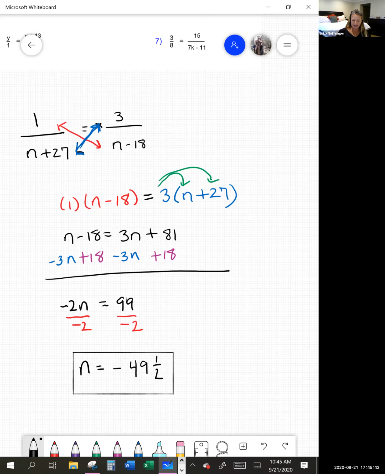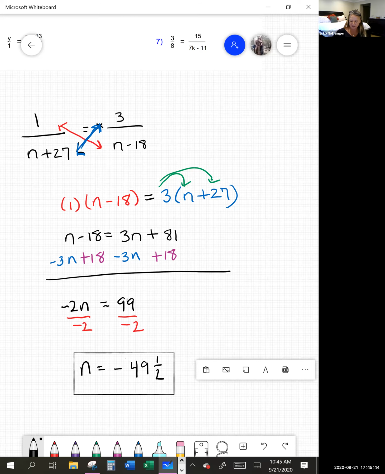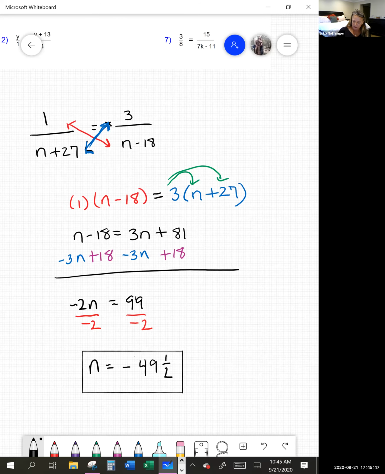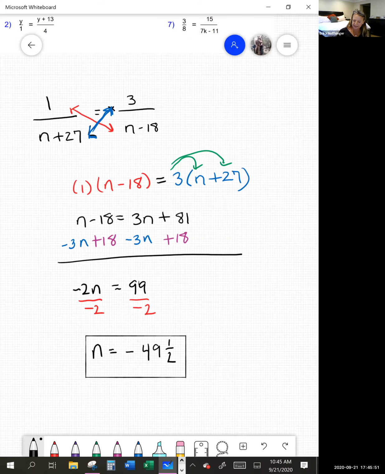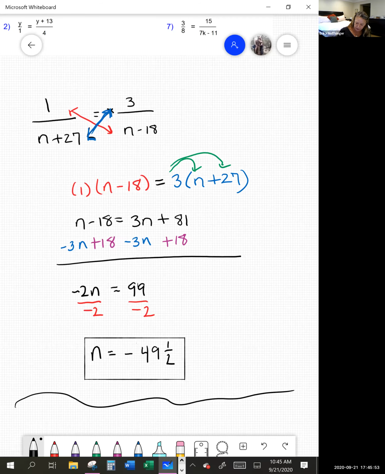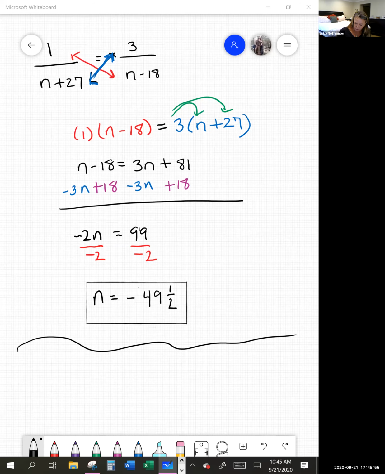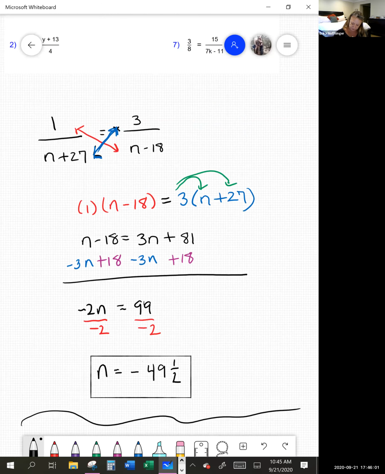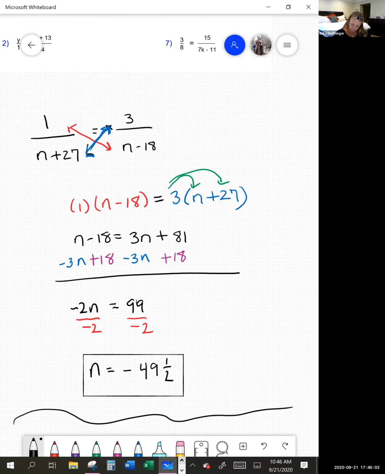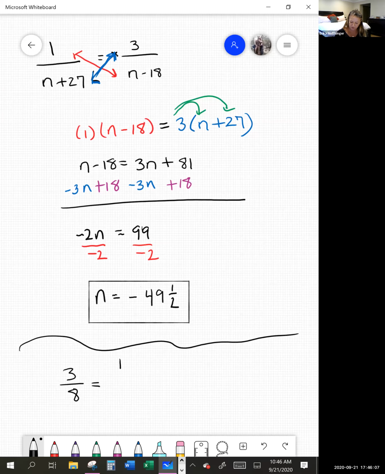Okay, so hopefully this is all coming back to you. So let's just do one more. So 3/8 is equal to 15 all over 7k minus 11.